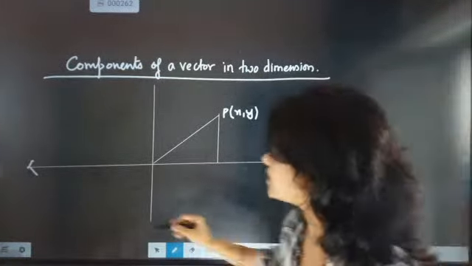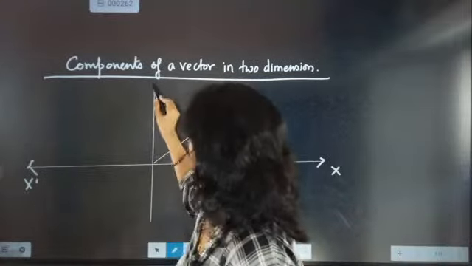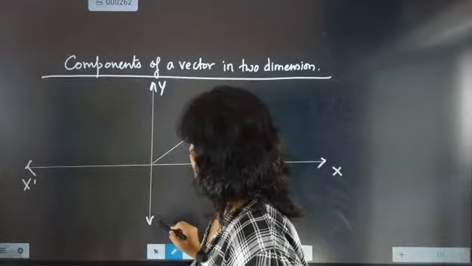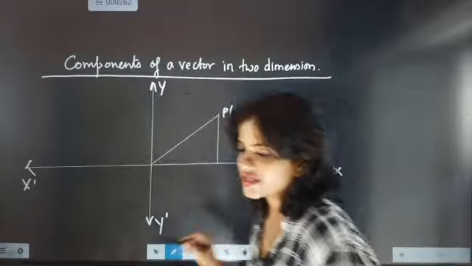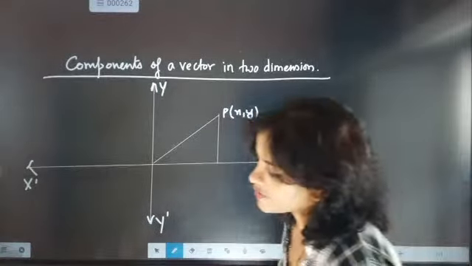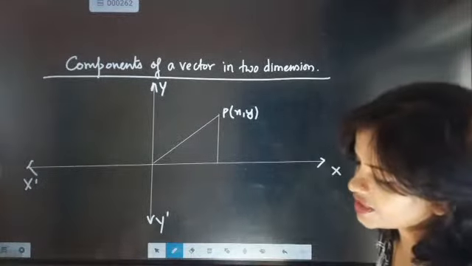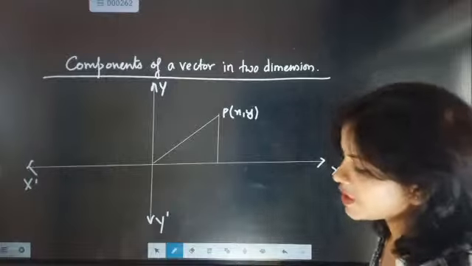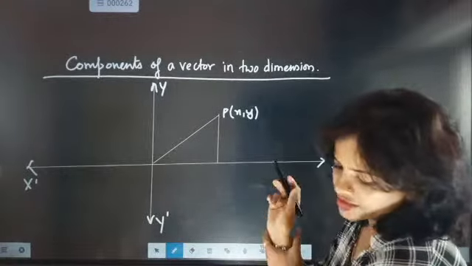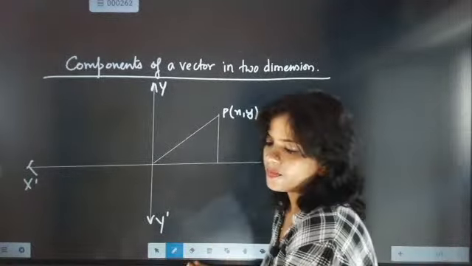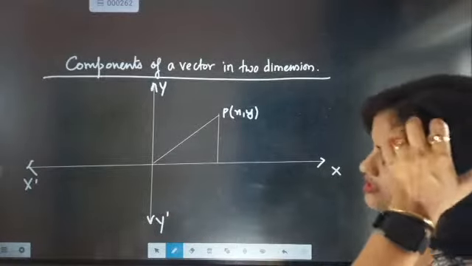This is the x-axis, x dash; this is y dash. Let P(x, y) be a point on a plane with reference to OX and OY.